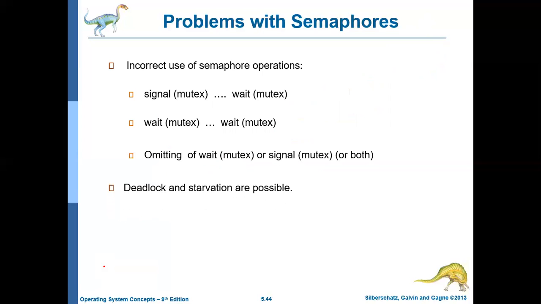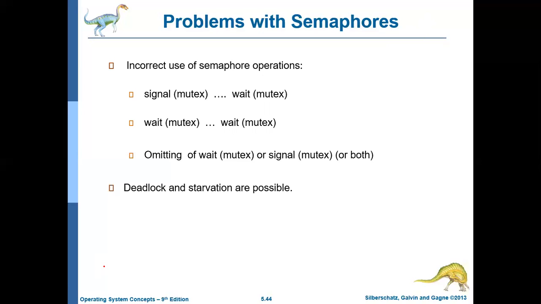Basically, the errors created by semaphores may lead to deadlock and starvation. If semaphores are used correctly, they will not lead to these errors, but we cannot always guarantee that, because everything is in the hands of the programmer. The programmer should ensure he is using them correctly, but sometimes if that is not done, it may lead to these issues.